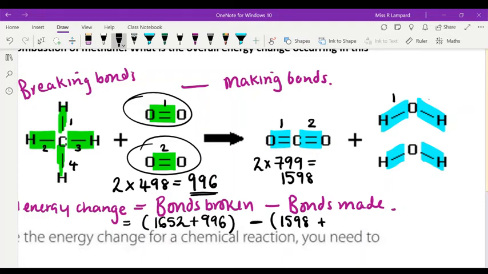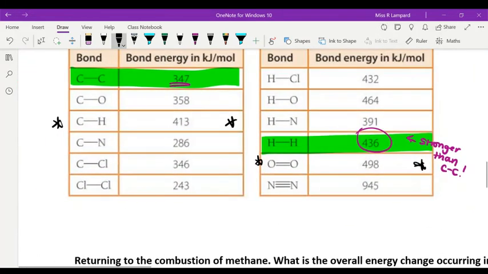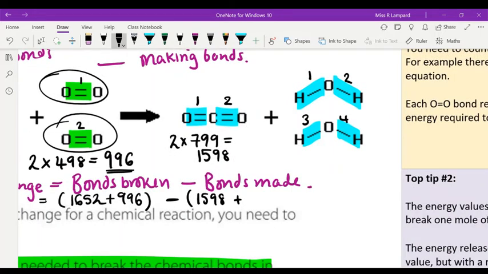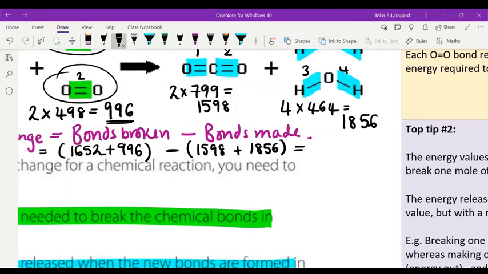Well, I've got 1, 2, 3, 4. Okay, so we need to find the HO, which is 464. So 4 times 464, which is equal to 1,856. So 1856. And then I put this into my calculator and I add those two brackets together.